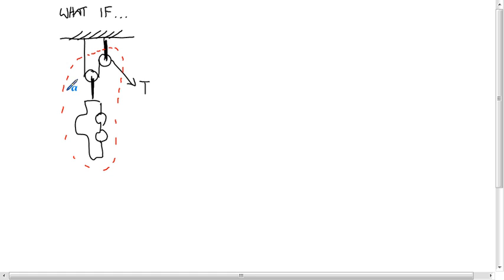The problem is when you go to the free body diagram, you get something like this.